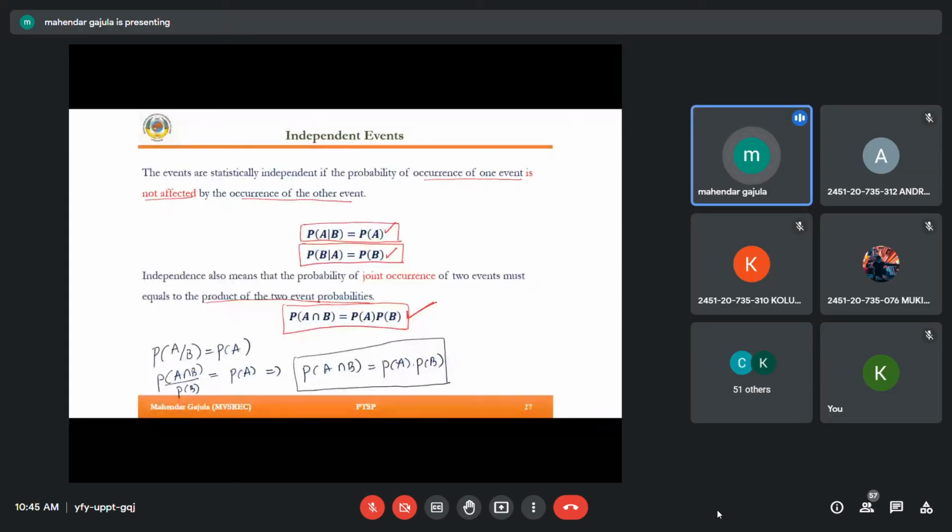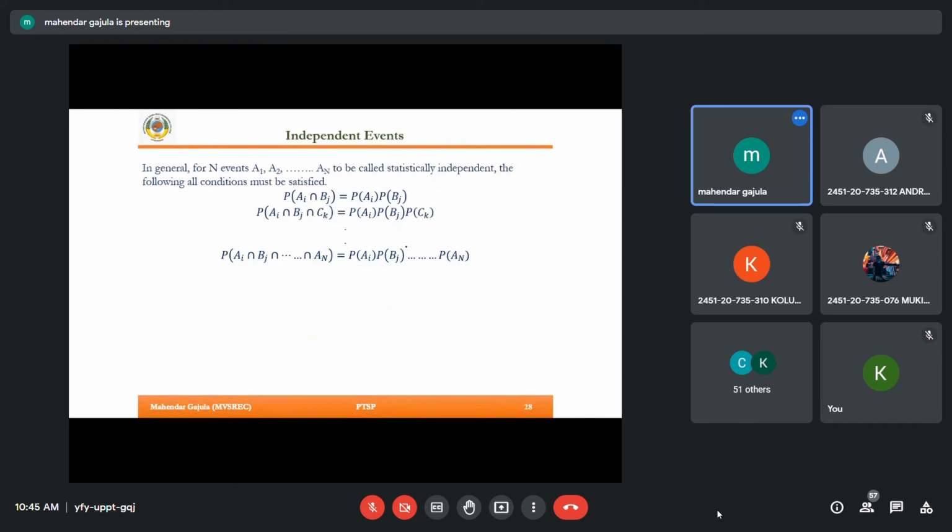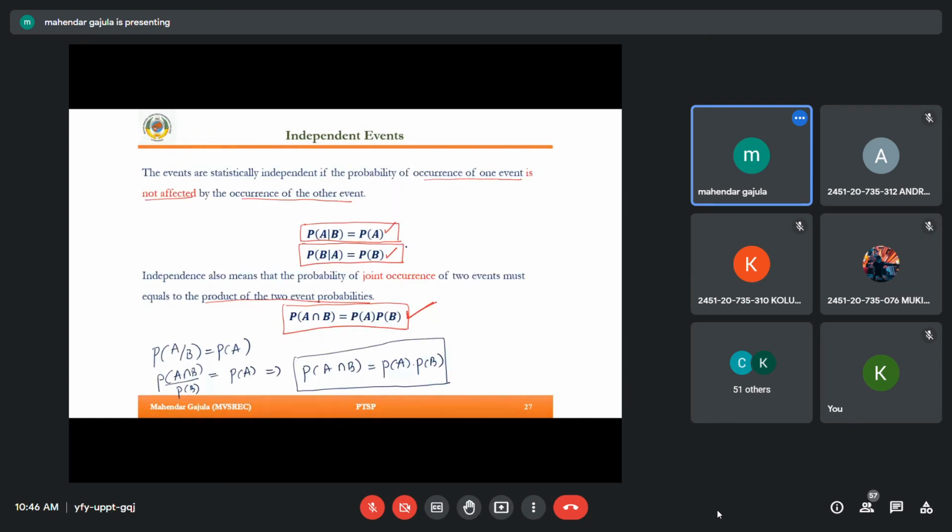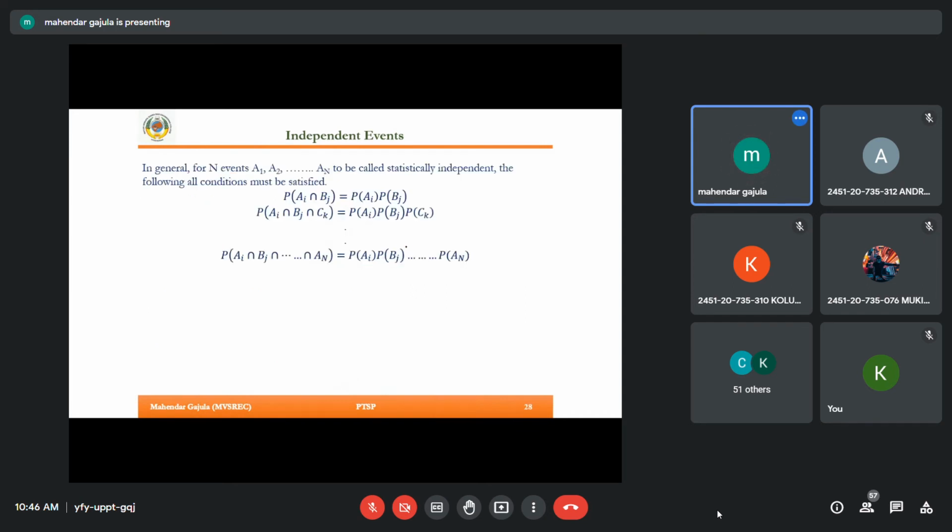So this is about independent events. Just now we have seen independent events for two events only, A and B. If there are more events, A, B, C, or any number of events, then this is the case.